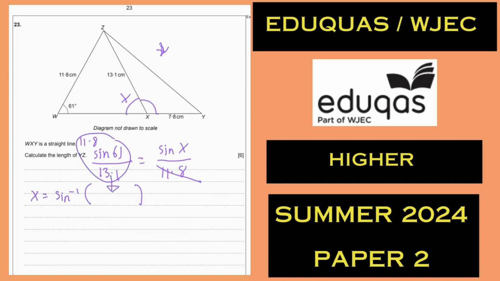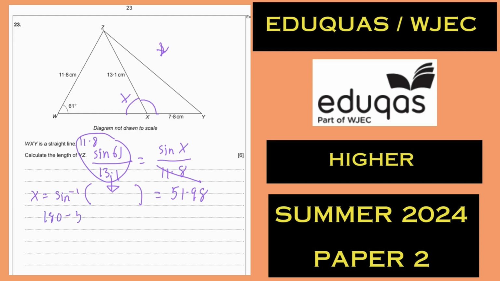So whatever decimal you get, inverse or shift sin ANS button is worth its weight in gold. We get 51.98 degrees.